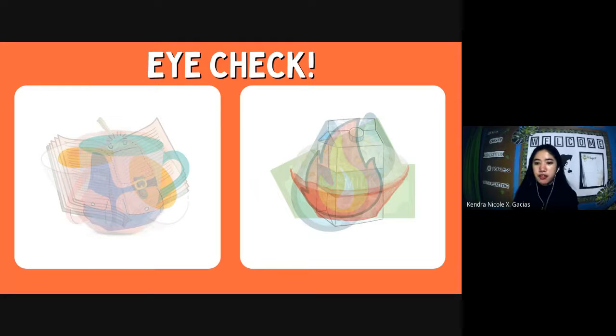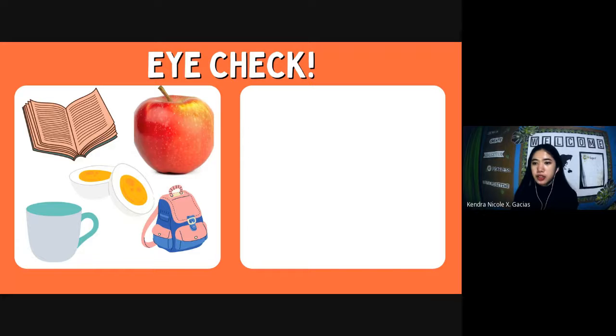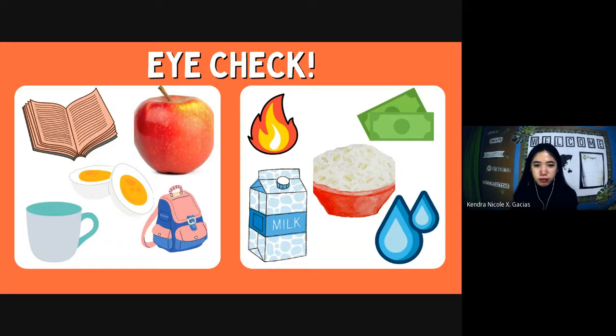Okay, thank you for that. So let's check your answer. There. Okay, you got them all. Very good. So we have fire, money, milk, rice, and water. Awesome. Both of you have sharp eyes. So thank you for your participation, ladies.